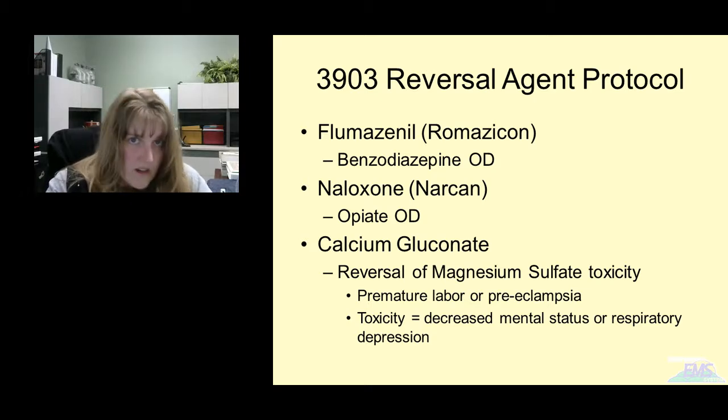Remember, magnesium toxicity will present with a decrease in mental status and also the potential for respiratory depression. So if you see either respiratory depression or a decrease in mental status, you want to consider it to be magnesium toxicity and utilize the calcium gluconate as your reversal agent.